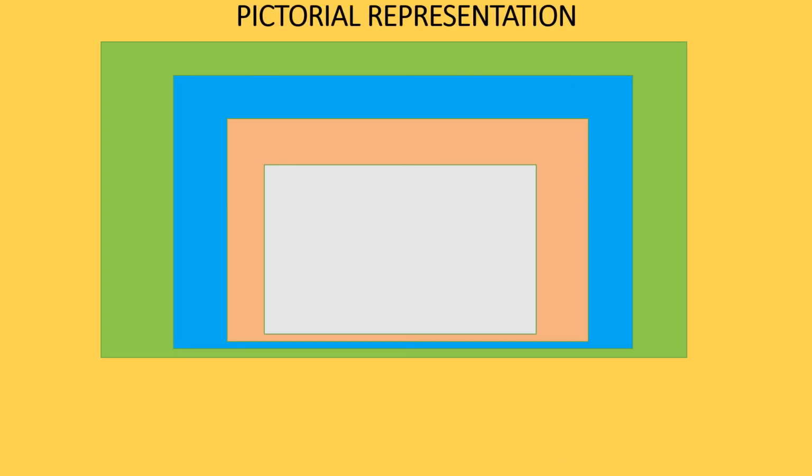Now, let's see the pictorial representation of the number system. First in our number system we have natural numbers. Right? Natural numbers means the numbers which start from 1 and include all the positive numbers. So here 1, 5, 9, 3, these all are natural numbers.